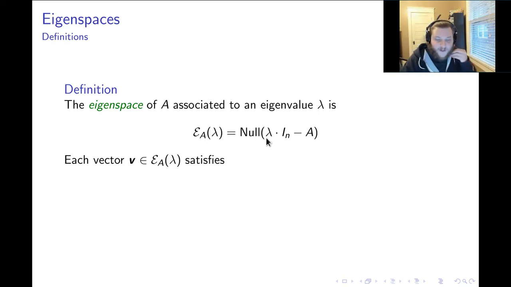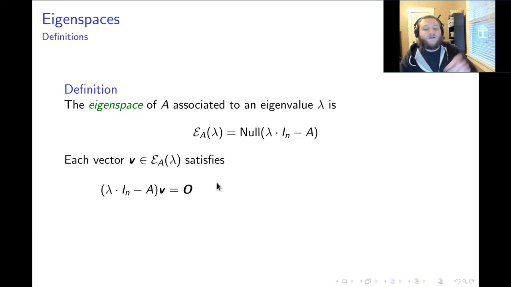Well, we're looking at the null space of a matrix, not the null space of A, but the null space of lambda times the identity minus A. So if we say that this vector lives in that null space, what we mean is that if we take this entire matrix and multiply by v, we should produce the zero vector. So that's this equation. If we're working with a vector in this eigenspace, we know that lambda times the identity minus A, that whole matrix, when we multiply by v, we get the zero vector.